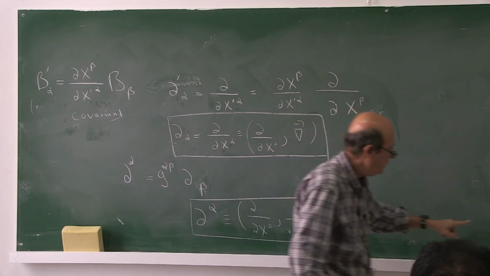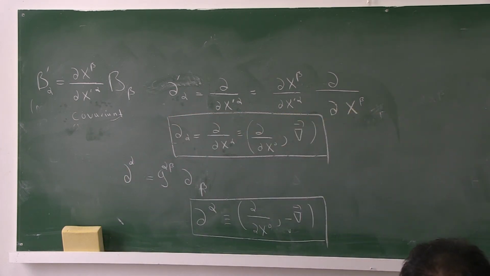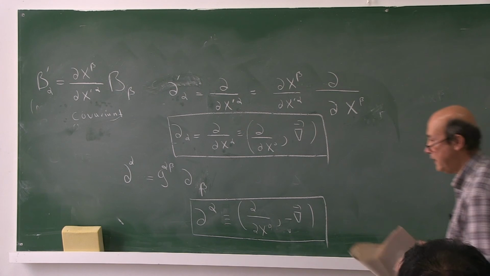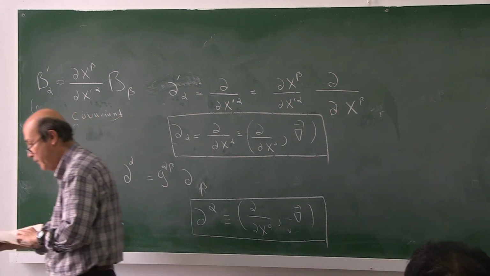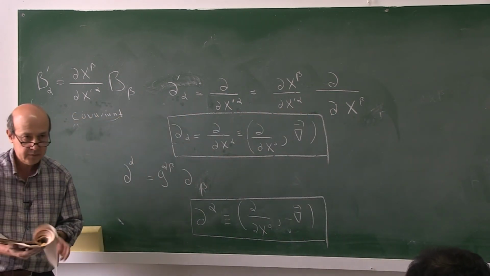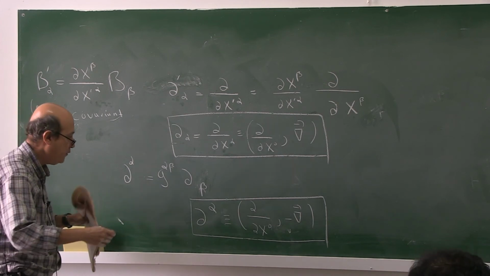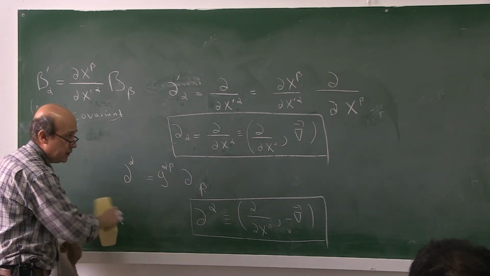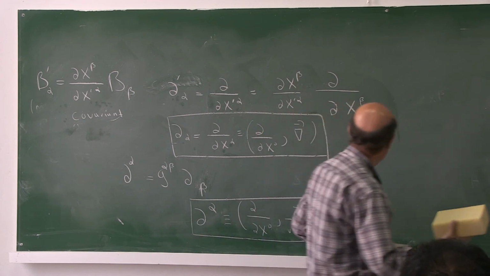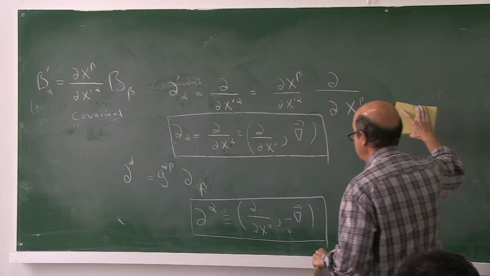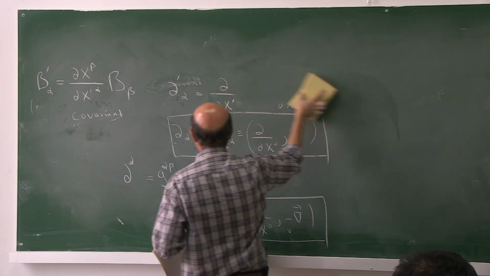What is the actual definition? Index up, this is positive; index down, that is negative. So what happens if I take the divergence in 4 dimensions? That will be the continuity equation, and that will help us define the covariant form of the continuity equation.